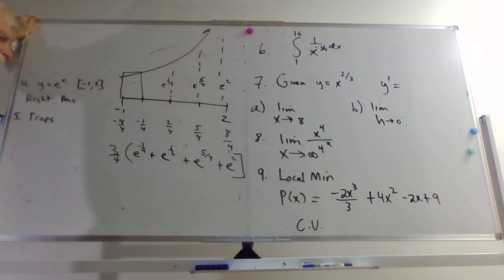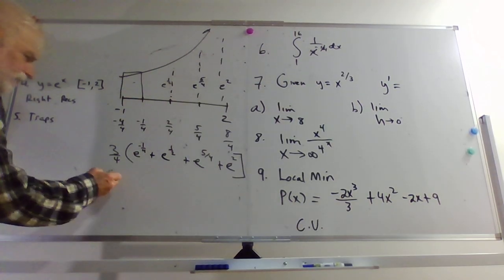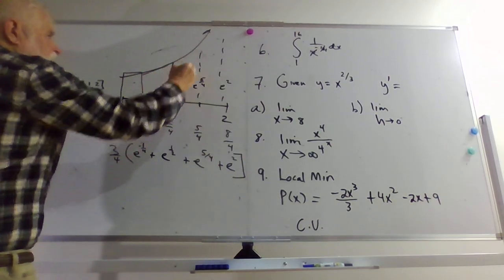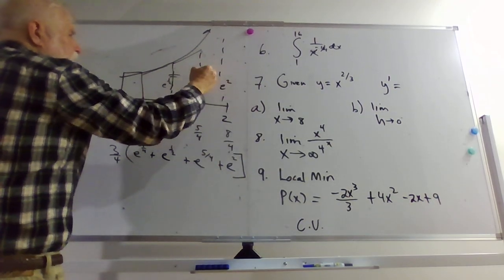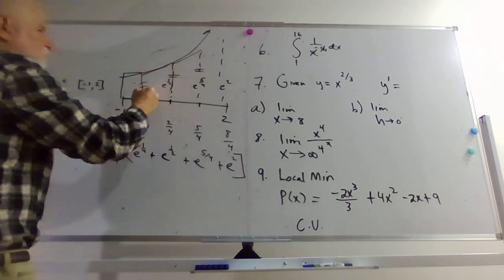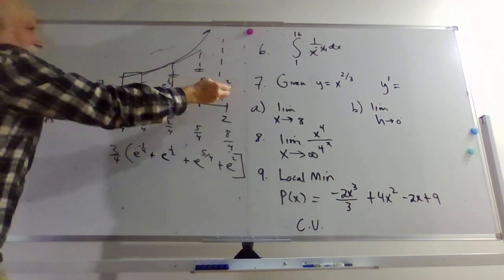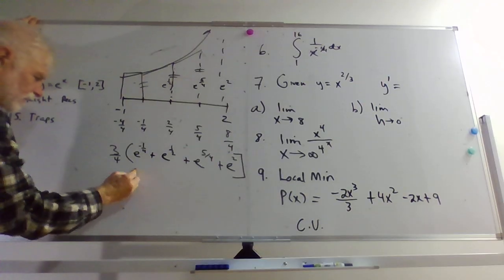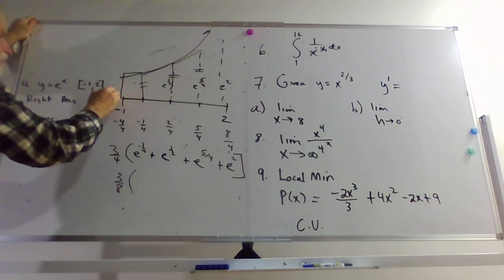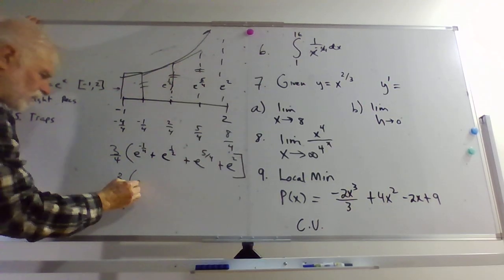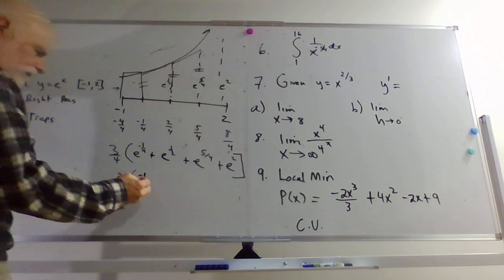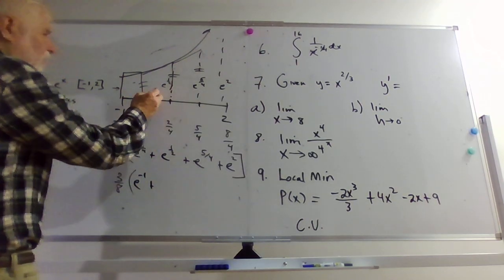Okay, and now we have trapezoids. Trapezoid is going to use the interior ones twice and the outside ones once. So I got 3 interior, 2 outside. Width divided by 2 becomes 3/8. I only used this one once, and that's e to the -1. This one is doubled because I'm sharing it.